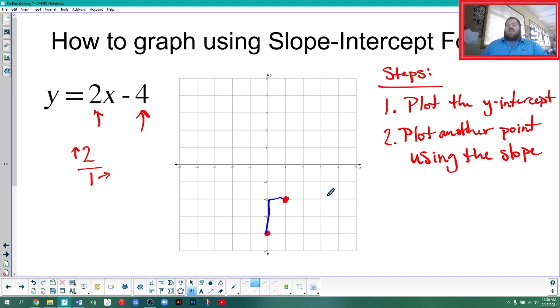Now, the online assignment just asked for those 2 points, but if I was doing it by hand, I like to keep going, giving me more points, because the more points I have, the straighter my line can be, especially when I'm trying to freehand it, or even if I was using a ruler.